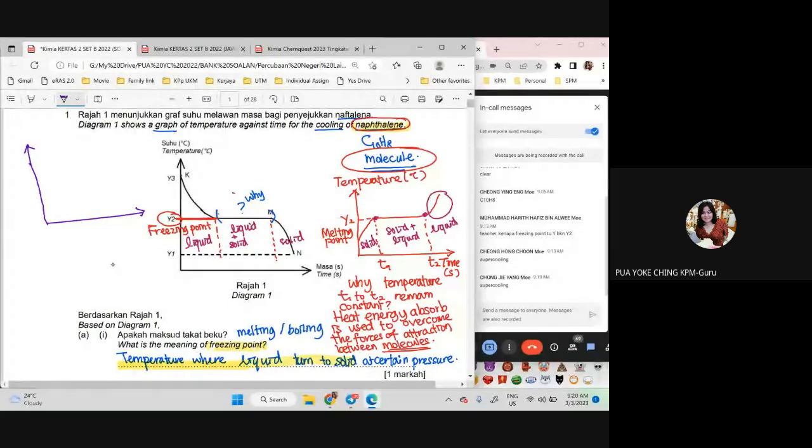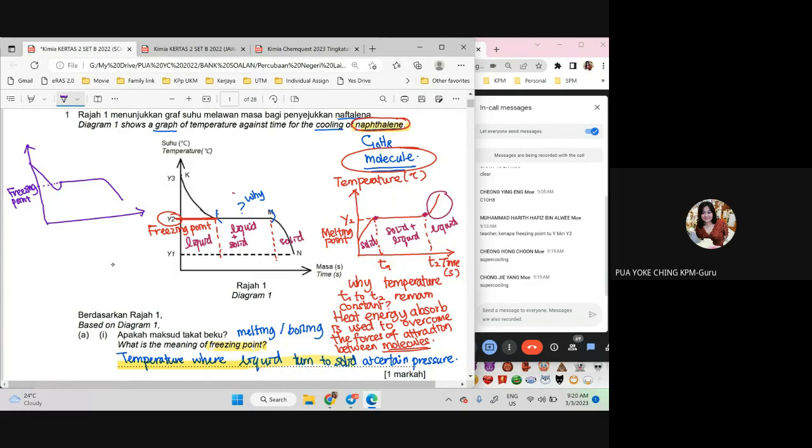Super cooling is a minor temperature drop below your freezing point. Let's say this is your freezing point. Super cooling is a condition where the temperature drops rapidly and drastically, to lower than your freezing point.